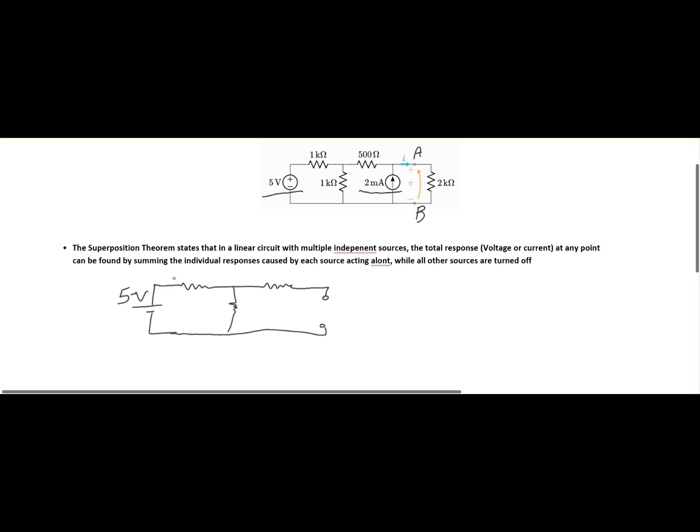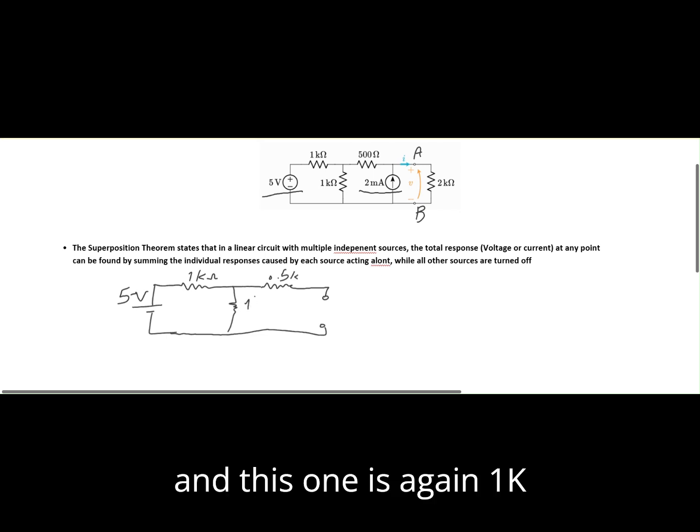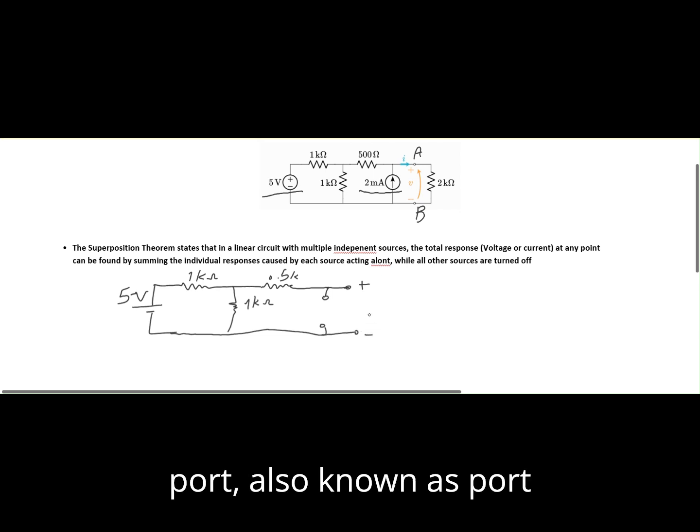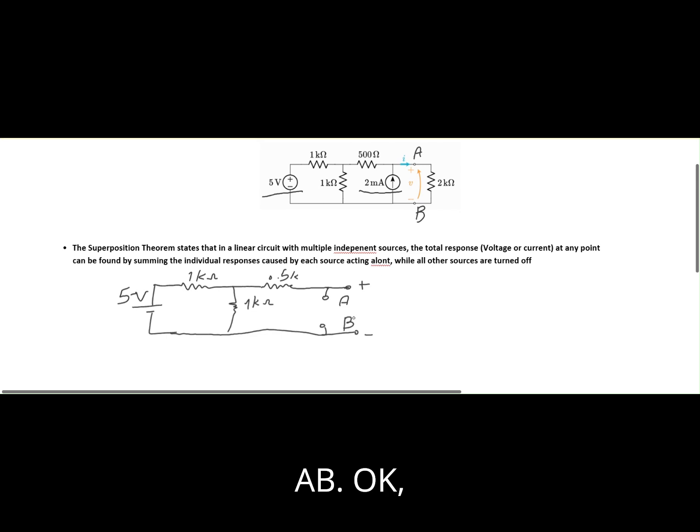Then this one is 1K, this one is 0.5K, and this one is again 1K. What I need is the voltage across this port, also known as port AB. Now let's calculate it.